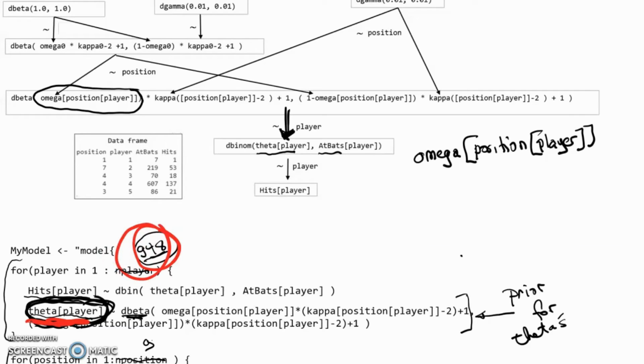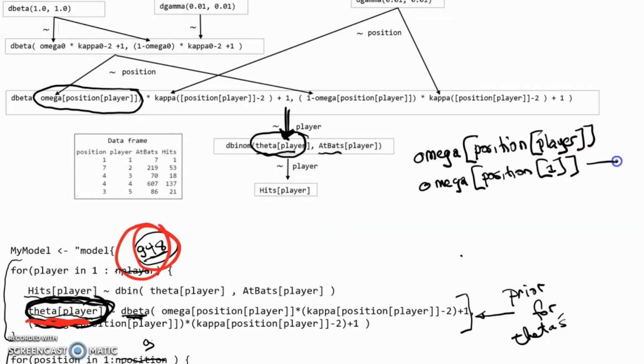The first time through the loop, it goes omega position 1. That's going to give us some idea what theta is for player 1.